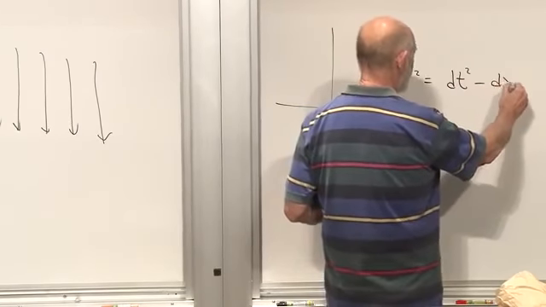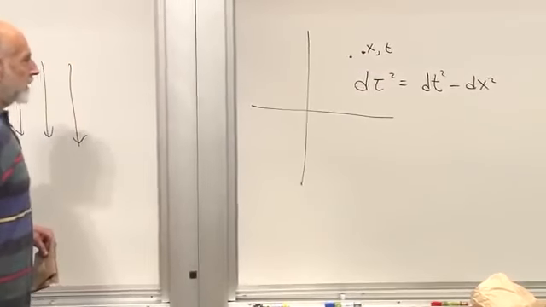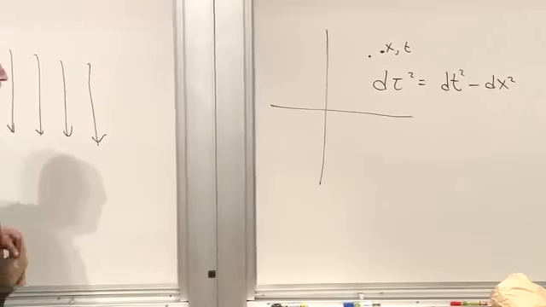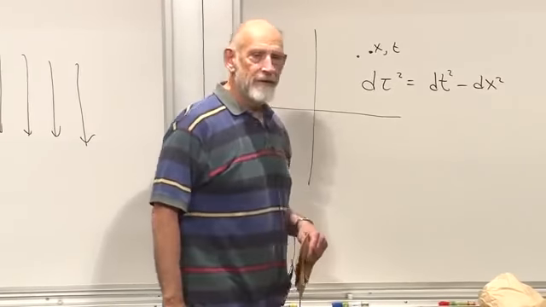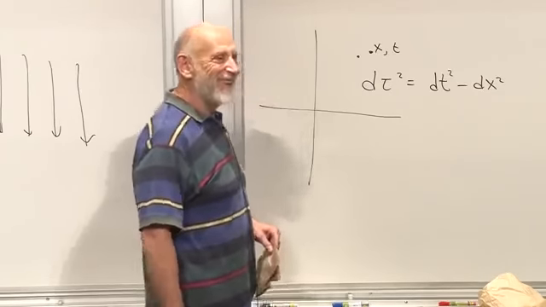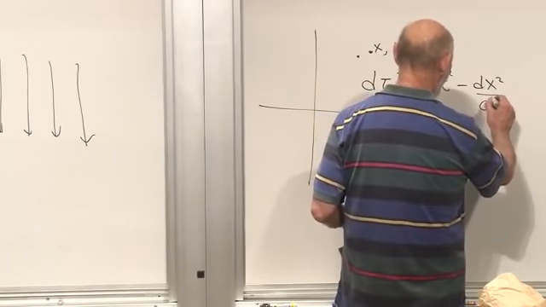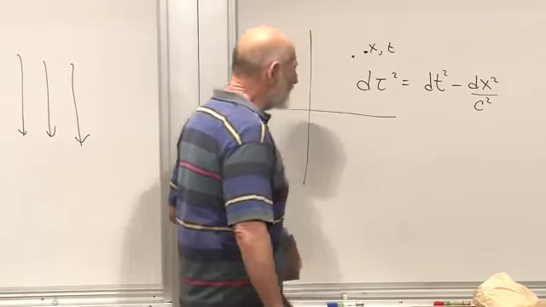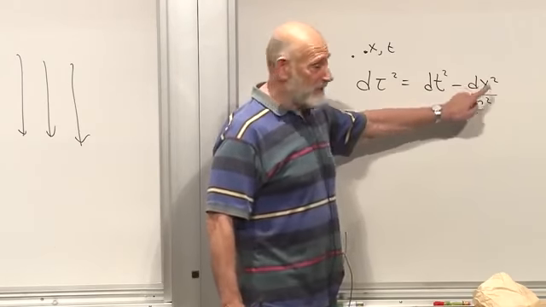Where does the speed of light go into this if we wanted to put it in? Is it dx squared over c squared or dx squared times c squared? I can never remember. I think it's over c squared. But we can always get rid of this 1 over c squared by redefining x.